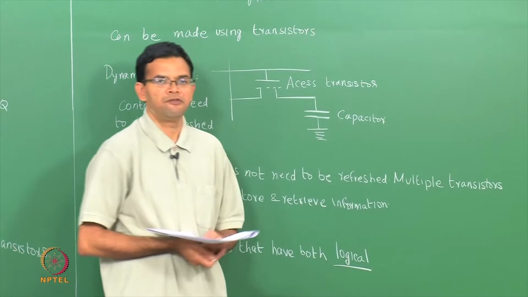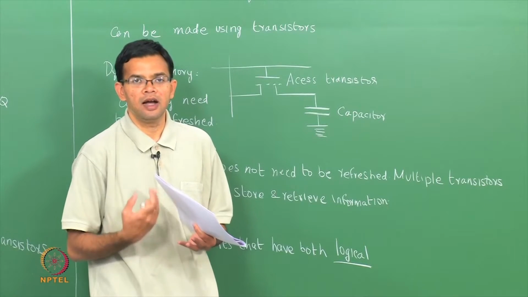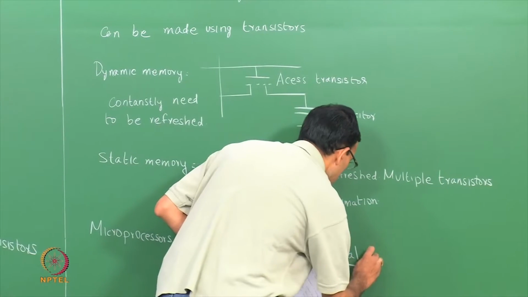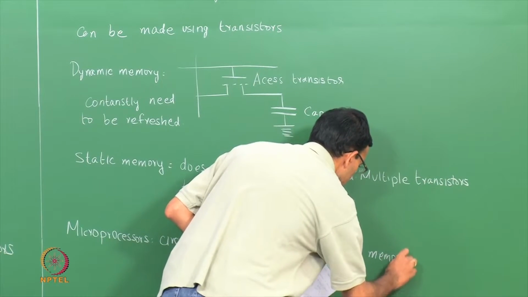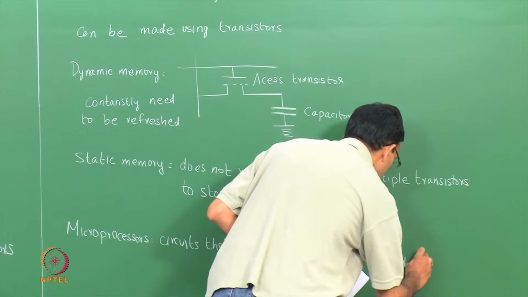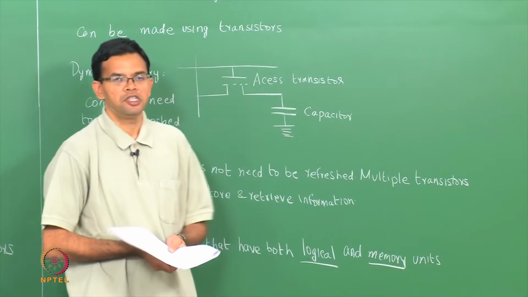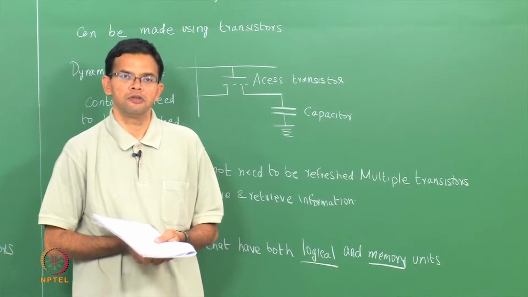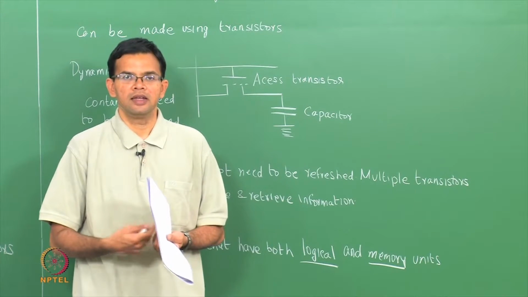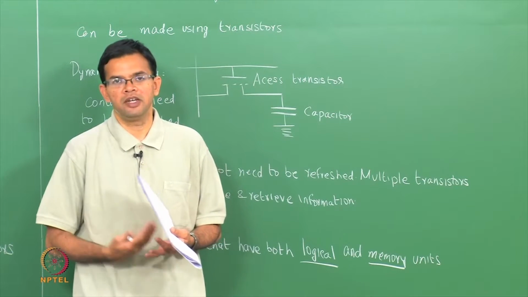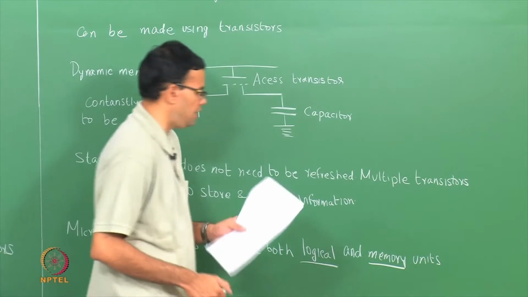So, the logical refers to that part of the circuit that does both the logical and the arithmetic calculations, and the memory units correspond to that part of the circuit that basically stores the input and also the result, and that can be retrieved whenever needed. So, the first microprocessor was built in 1972.